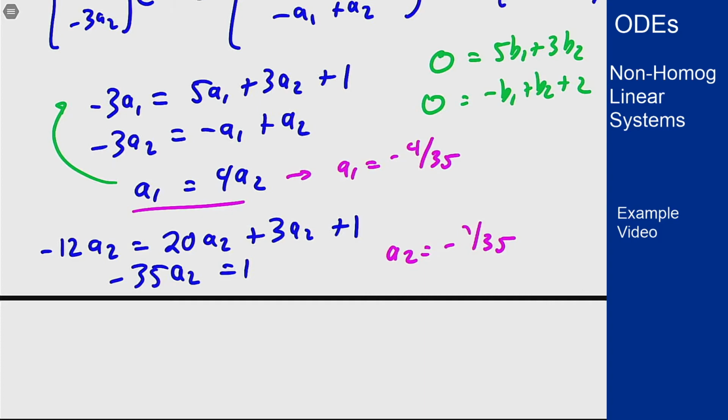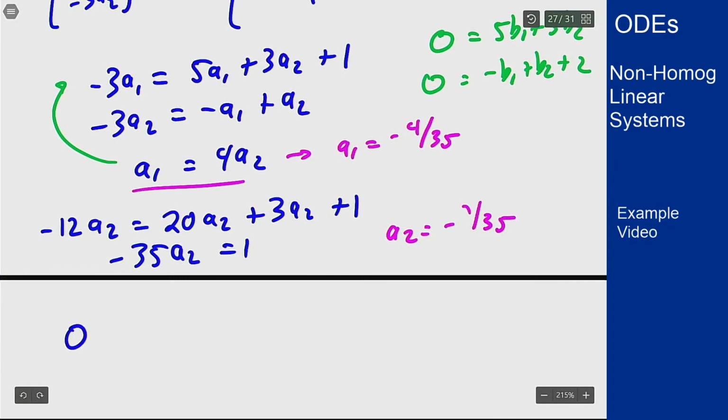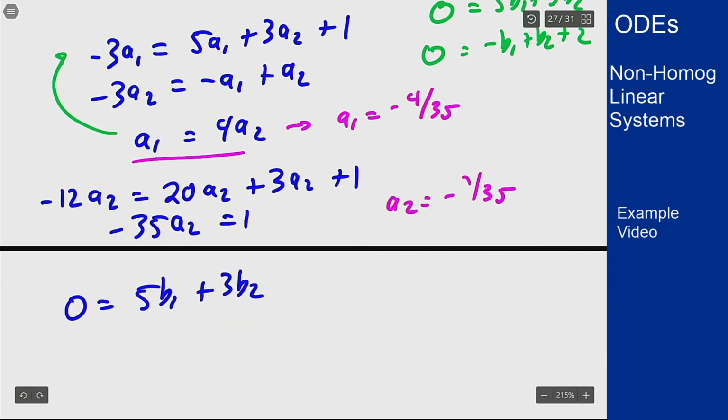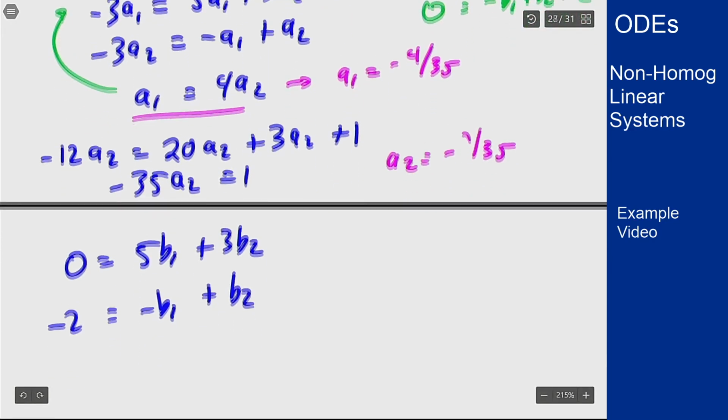For the b equations, I can rewrite them as 0 is 5b1 plus 3b2, and negative 2 equals negative b1 plus b2. I'll take the second equation times 5 and add them together.